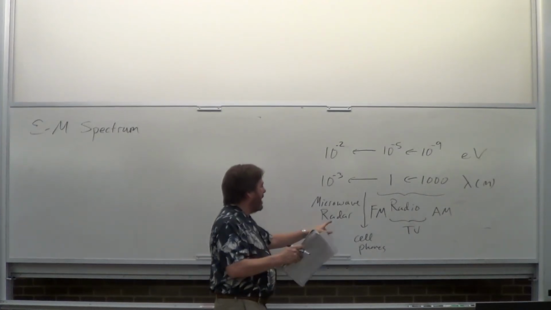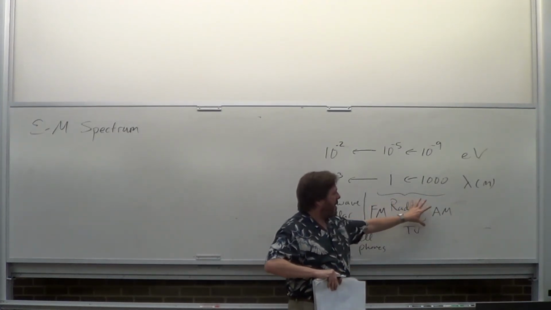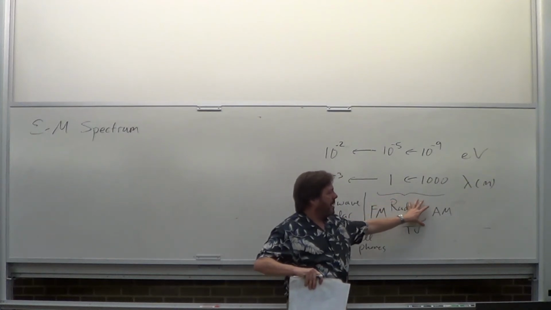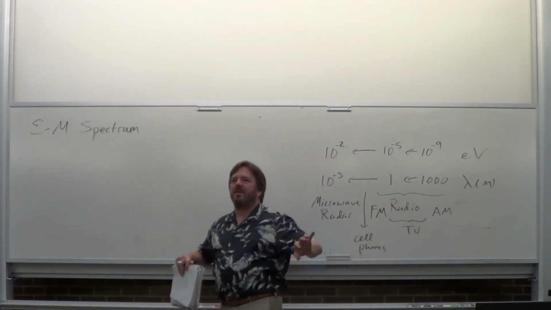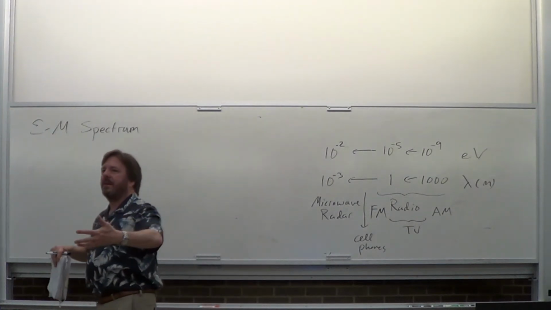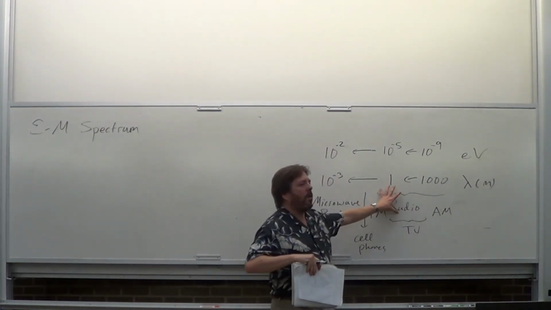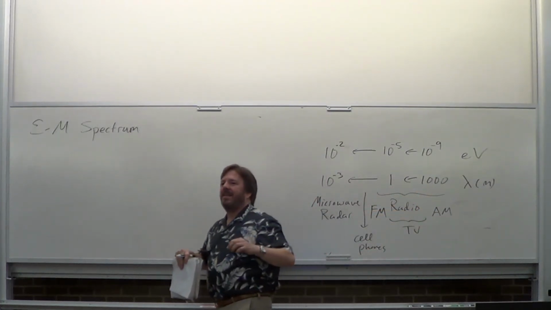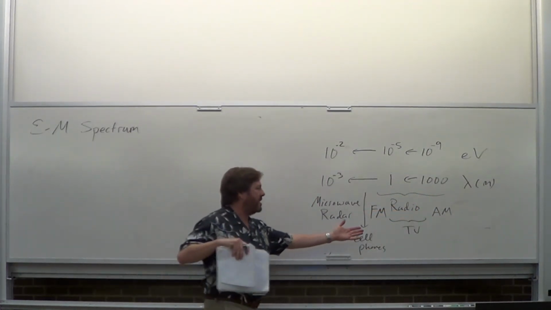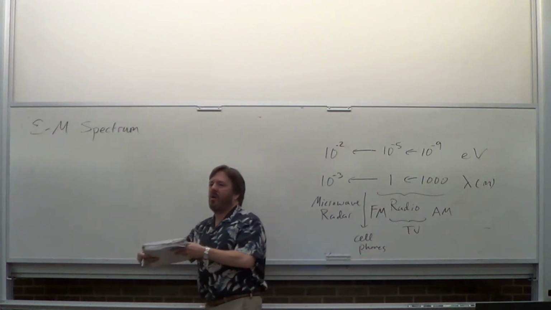Now, one thing about this area is if you look at transitions of molecules and atoms that absorb energy, you won't find any that work in this region. This is why we use this for television and radio, because it goes through walls.